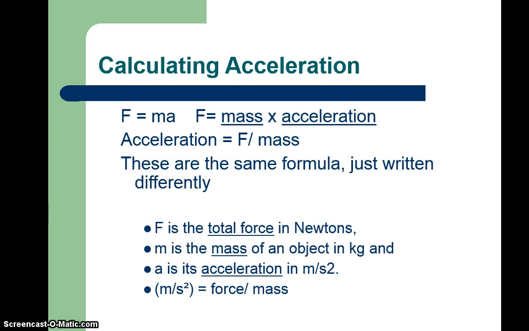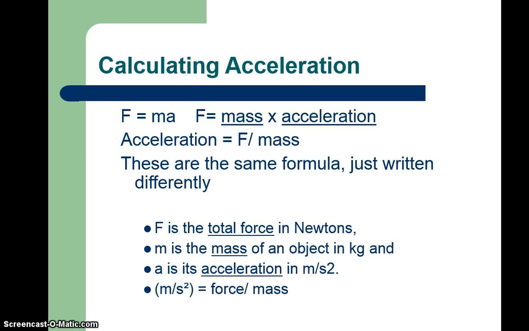So how do we calculate acceleration? Force of an object equals mass times acceleration. So acceleration is equal to the force divided by mass. It's the same formula, you just move around your variables. So F stands for the total force measured in newtons.